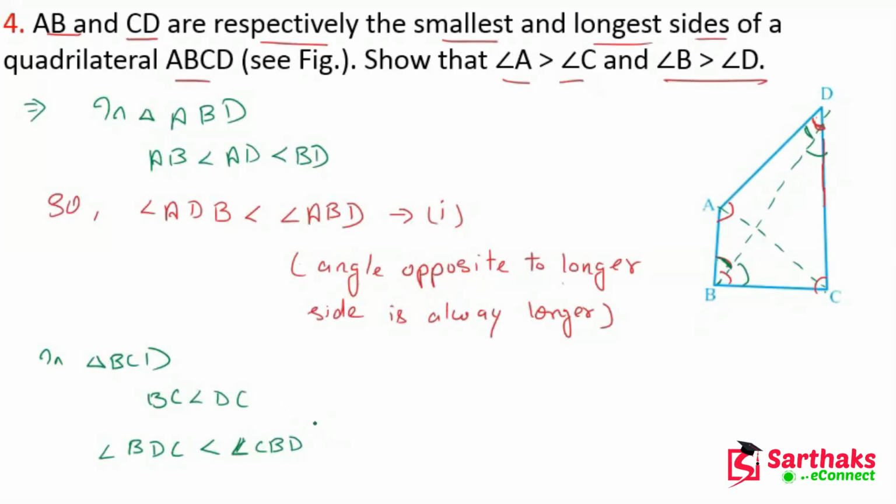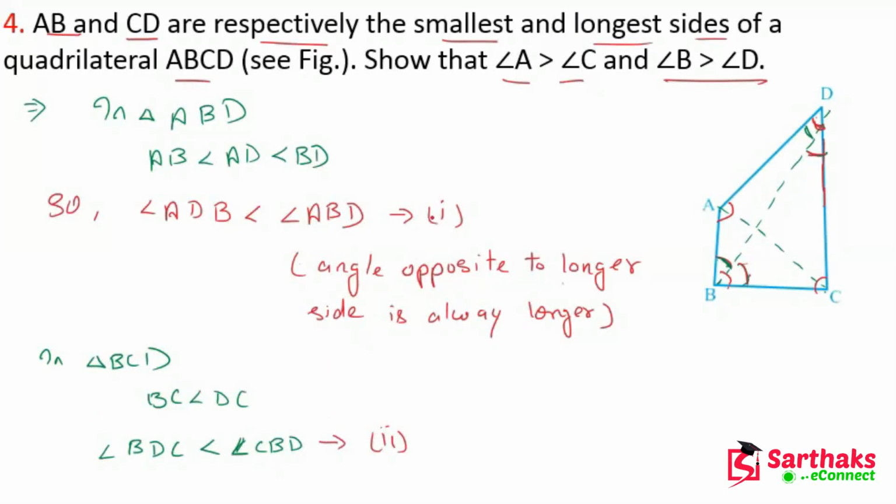Again the reason is the same: the angle opposite to the longer side is always longer. BC is smaller than DC, and DC is larger, so this angle CBD is greater than angle BDC. This is equation second.